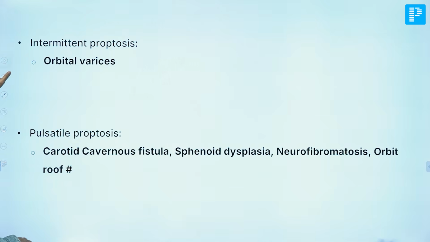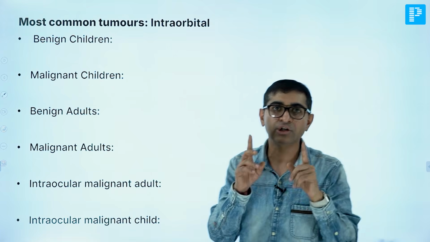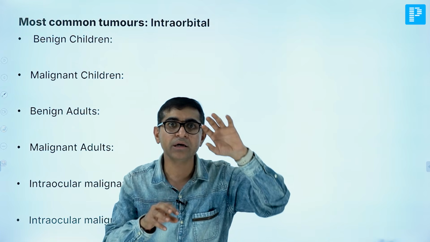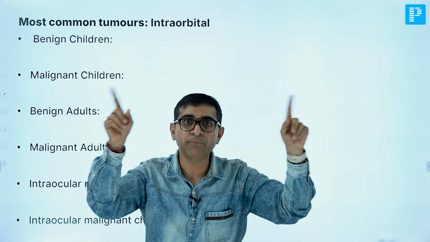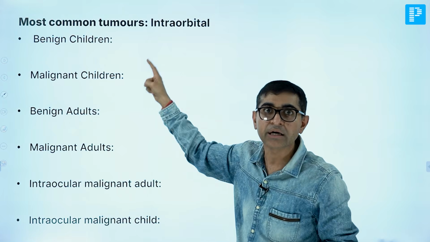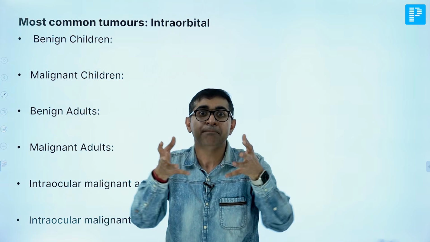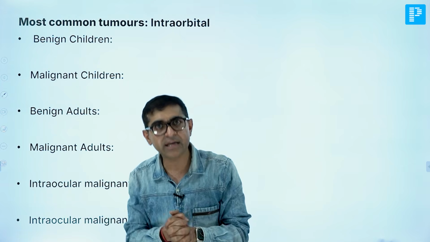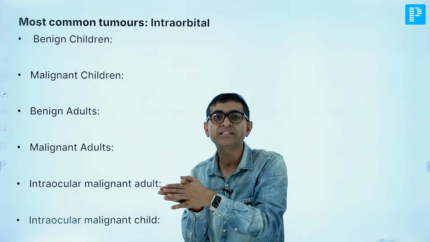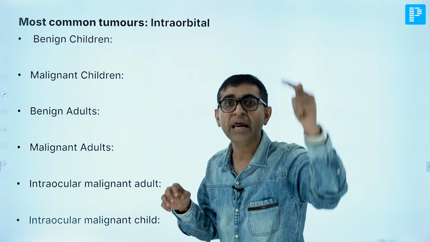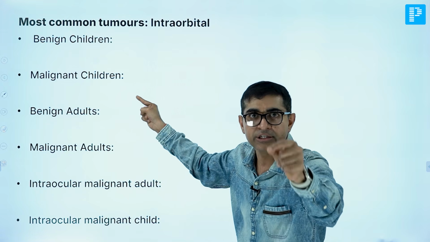Okay, now can you tell me the most common tumors? If I talk about most common tumors, first, most common tumor in children, most common tumor in adults. And I am talking of intraorbital tumor, which is present inside the orbit. All right, now benign tumors can be there, malignant tumors can be there. Most common benign intraorbital tumor in children is dermoid cyst.